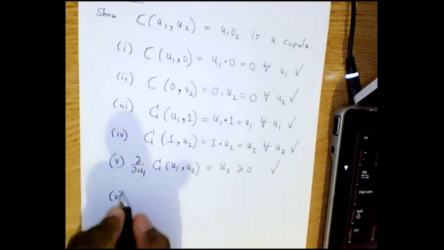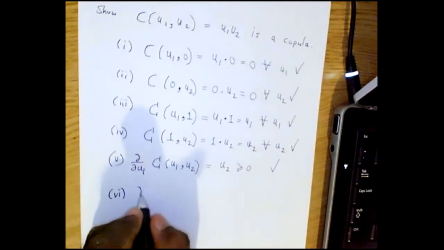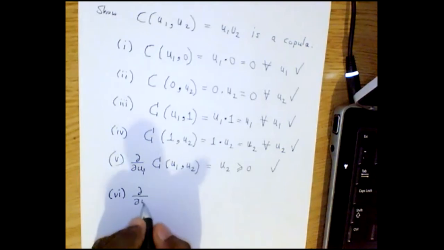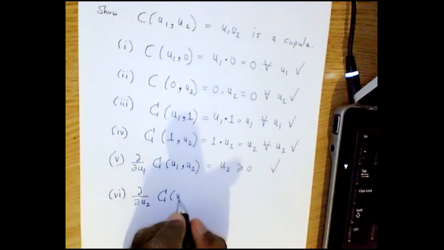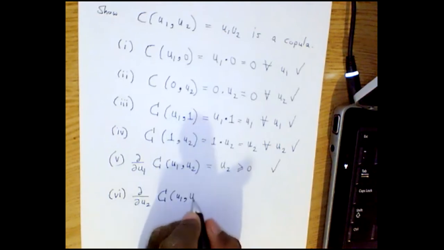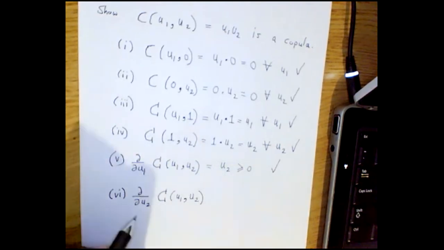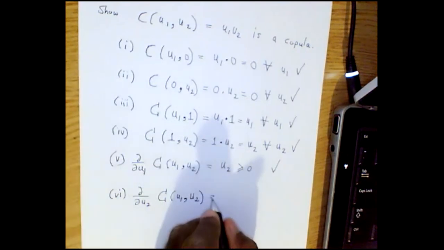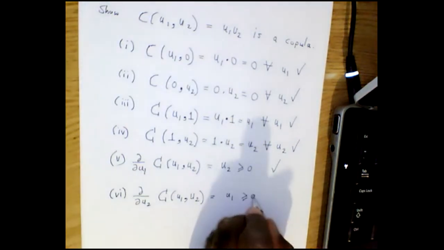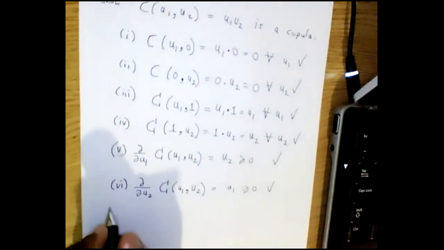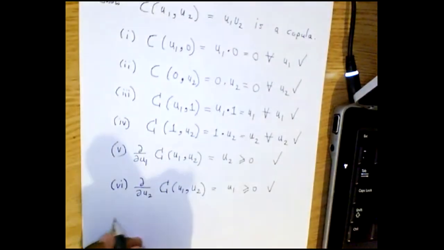And finally, condition 6 is the partial derivative with respect to u2. So this is u1, greater than or equal to 0. So this condition is satisfied. So all 6 conditions are satisfied.